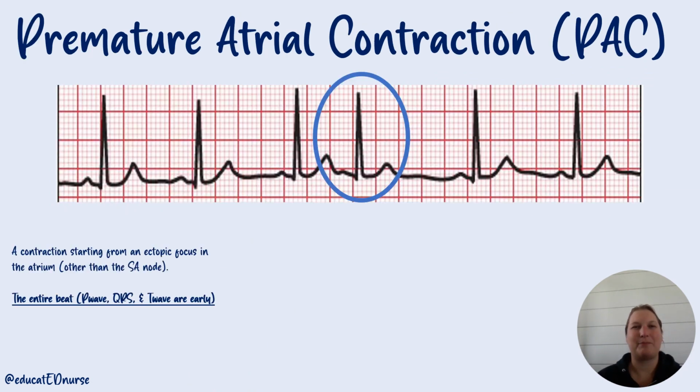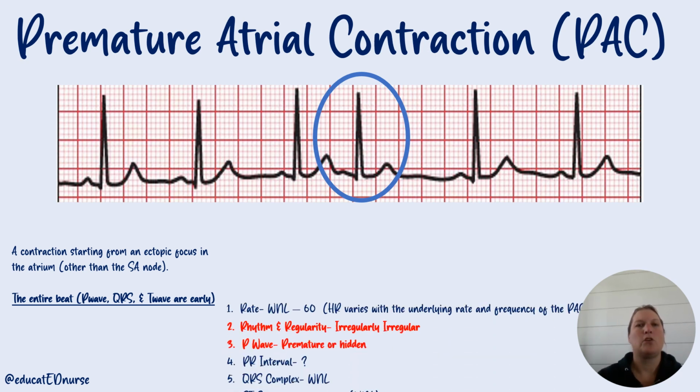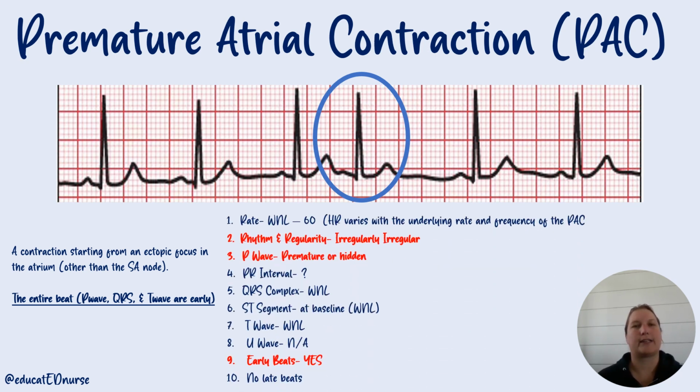All right, let's dive into PACs, or premature atrial contractions. So we just talked about what makes normal sinus rhythm. Let's look at why a PAC is considered an arrhythmia or a dysrhythmia, okay? So when you look at your 10 points to normal sinus rhythm, when you have a PAC, the rate should be normal.